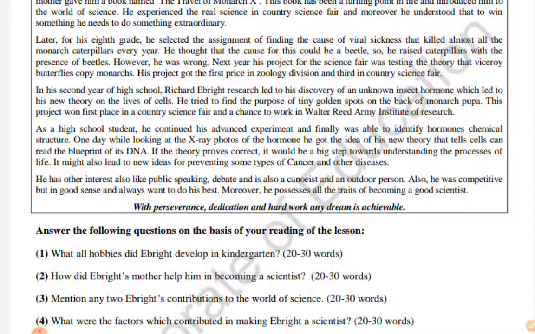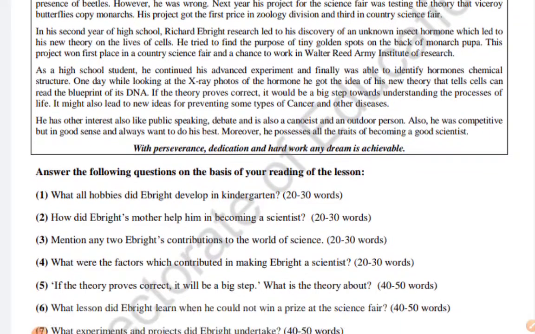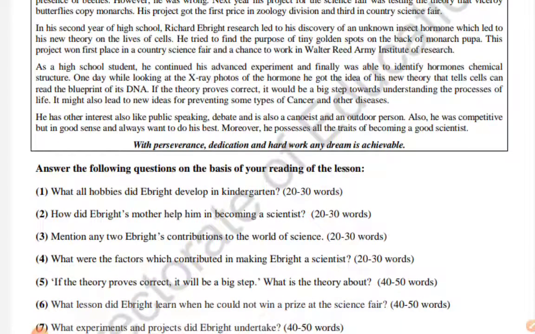This project won first prize in the county science fair and a chance to work in the Walter Reed Army Institute of Research. As a high school student, he continued his advanced experiments and finally was able to identify the hormone's chemical structure.